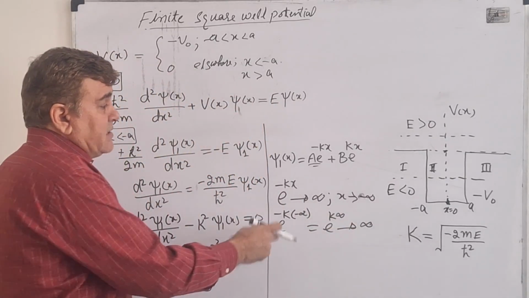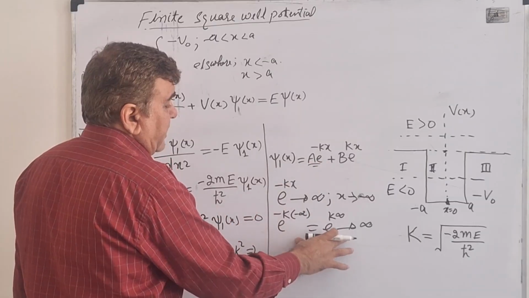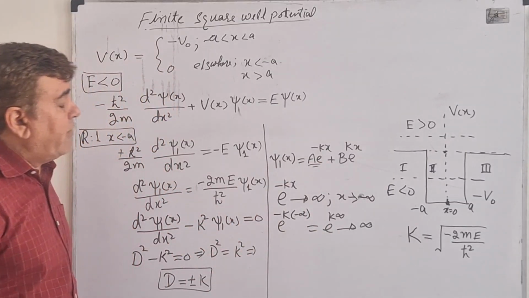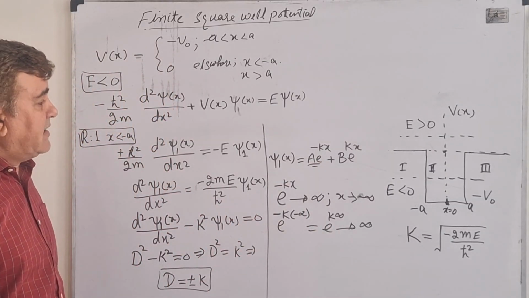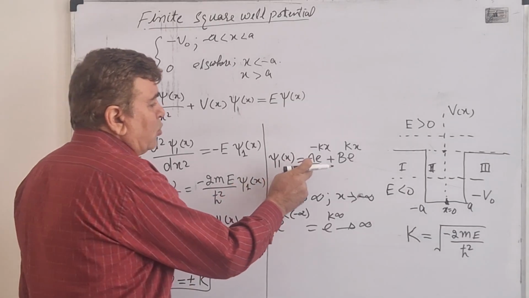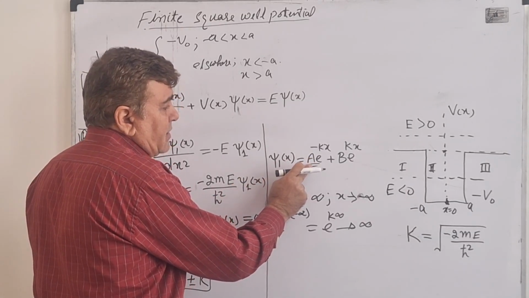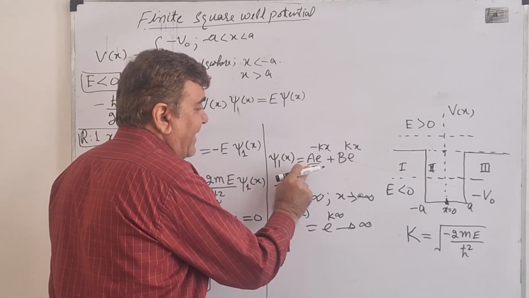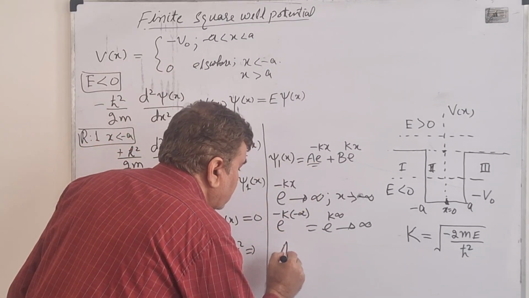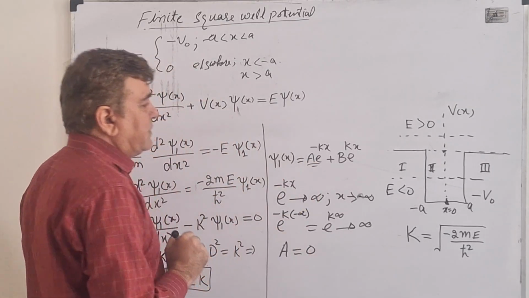So the wave function, due to this factor, diverges, and a diverging wave function is not physically acceptable. Therefore, we conclude that the integration constant A in this equation must be 0. So I set A equals 0.